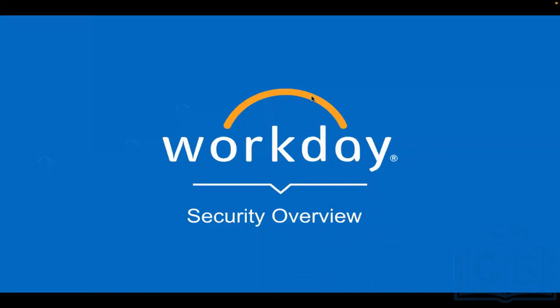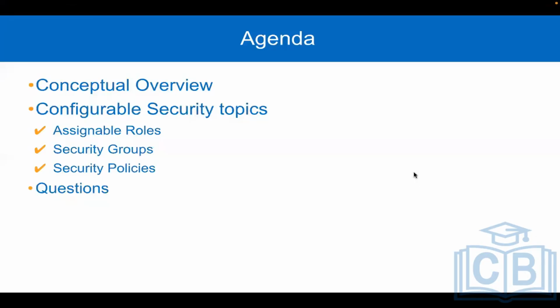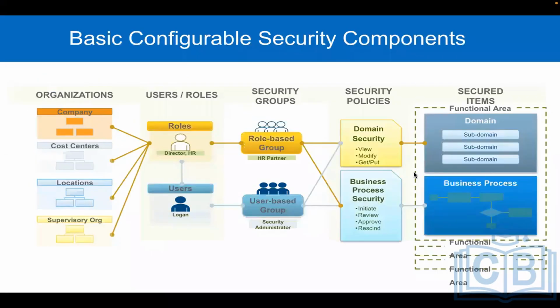We are on the topic of security and we'll continue to understand more on it. The overall structure of security, which we have discussed so far, covers the components: the functional areas, all the way to the domains and subdomains, which have their own domain security policies.